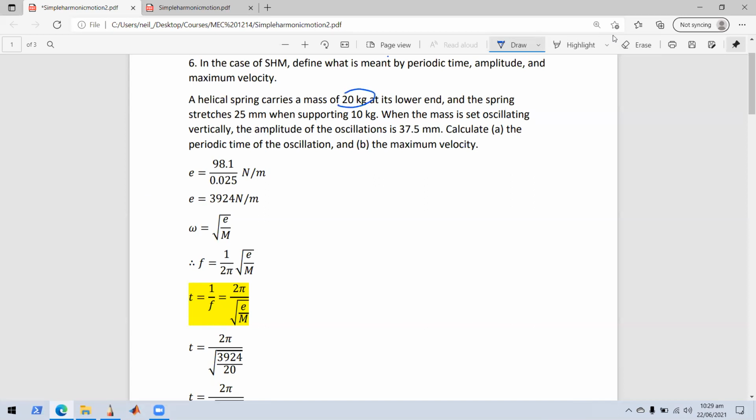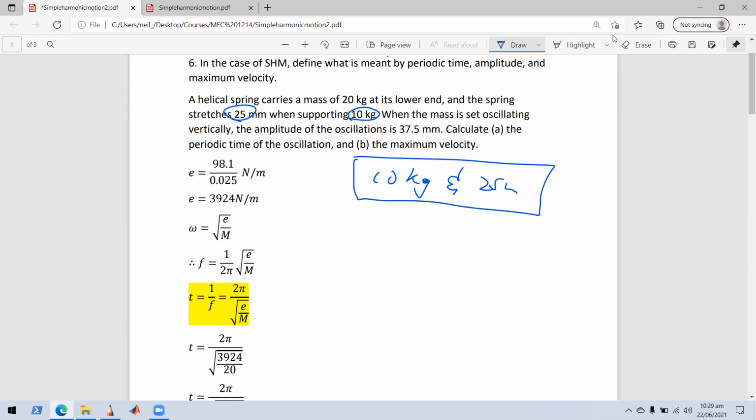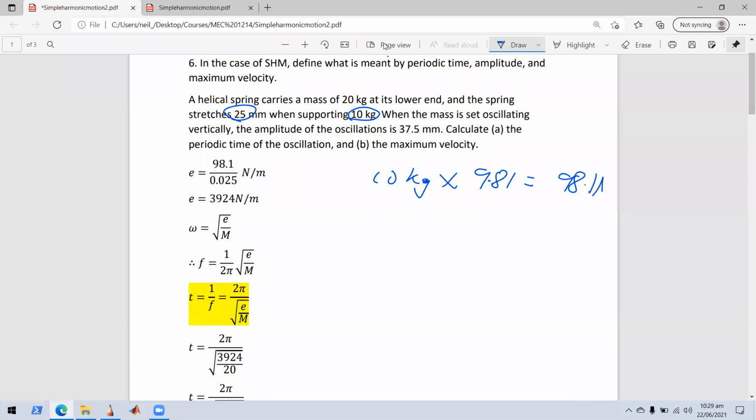Since we're carrying the 10 kg mass in the experiment, we're using these two values, the 10 kg and 25 millimeters, which are given to find stiffness, which is E. The force applied to the 10 kg as a result of gravity is times 9.81, which gives you 98.1 newtons.